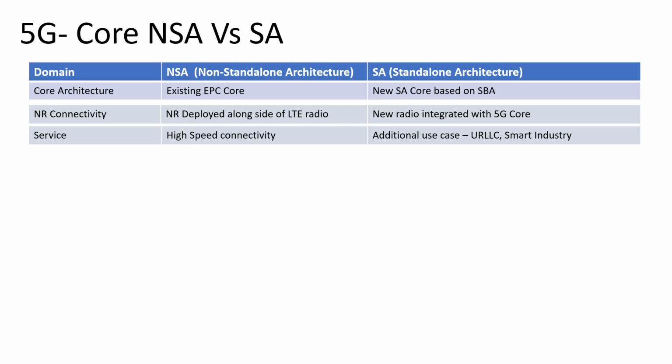AR/VR kind of use cases, right? So those use cases will not be possible in a non-standalone architecture because it doesn't support low latency, it doesn't support network slicing, right? So that will be a limitation in terms of services being offered in non-standalone architecture vis-a-vis the standalone architecture.